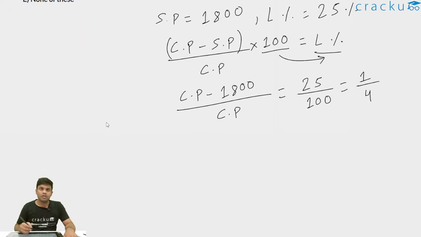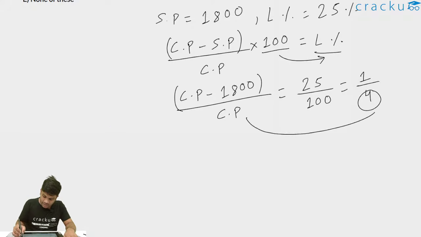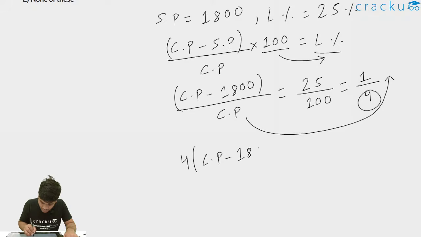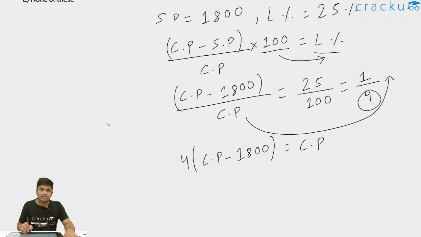Now what we will do is cross multiplication. This 4 will be multiplied to the numerator, and this cost price will go in the numerator of the right hand side. So it will be 4 into (cost price minus 1800), which is equal to cost price.